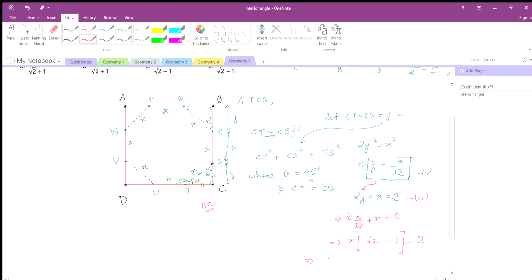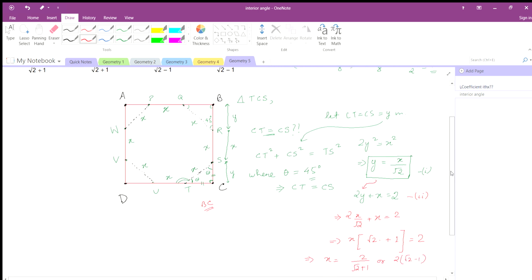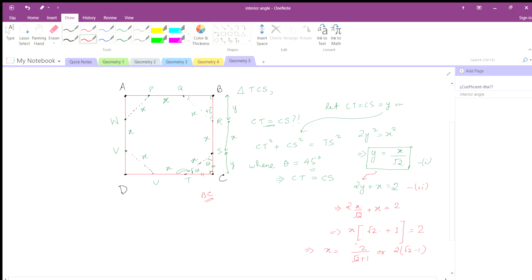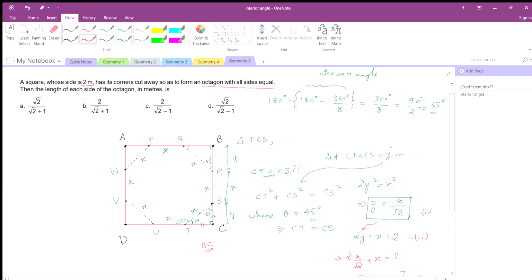This is basically x equal to 2 by root 2 plus 1, or you can rationalize it and you will get 2 times root 2 minus 1. Whichever is in the option will be the correct answer. 2 into root 2 minus 1 is not there. Everything is in numerator and denominator form. So the correct answer is 2 by root 2 plus 1, hence option B is the correct answer.